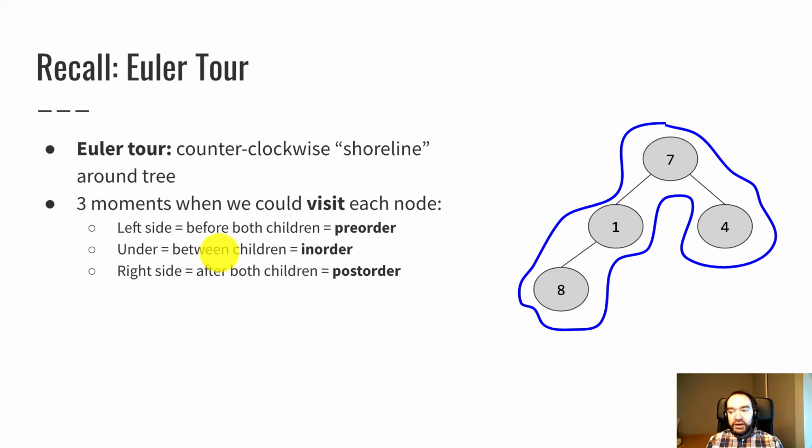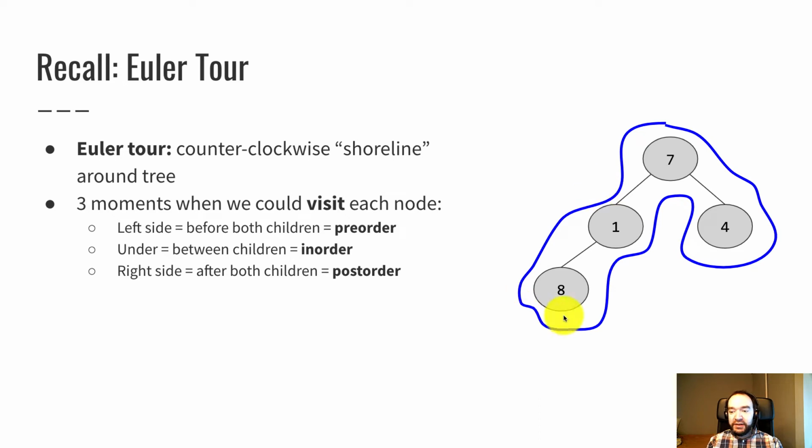Let's recap what the traversals are. We can define them all in terms of this Euler tour. Remember that the Euler tour is kind of this blue shoreline contour around the binary tree, and following that contour can let us derive the three classical traversals: preorder, inorder, and postorder.